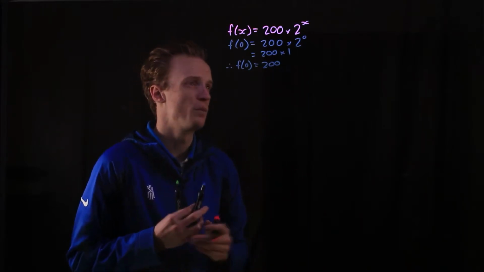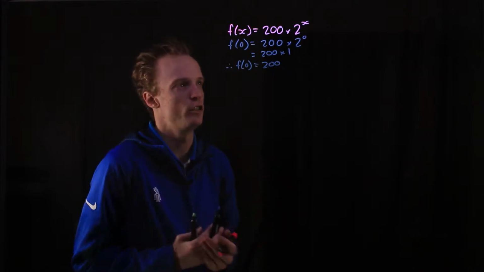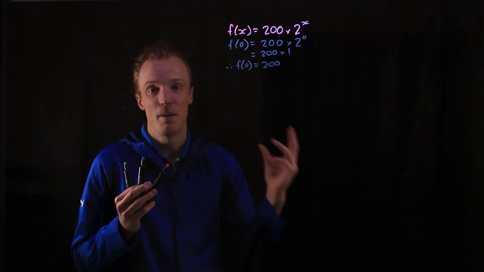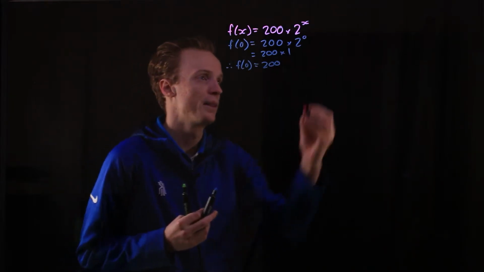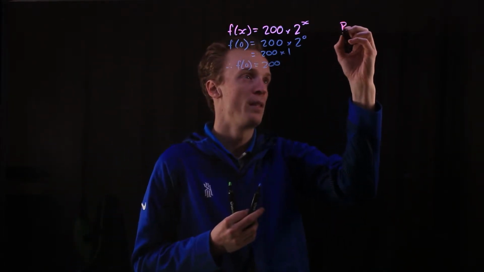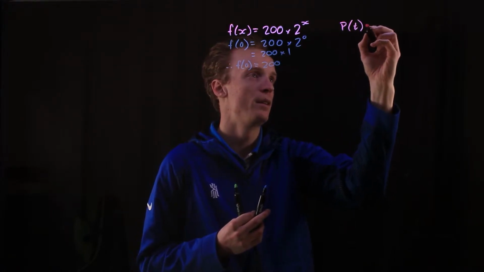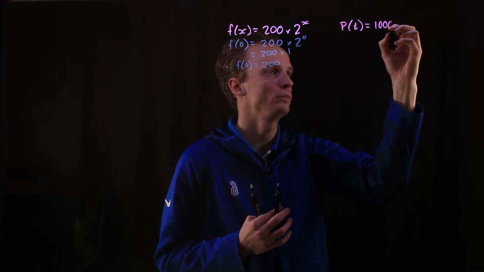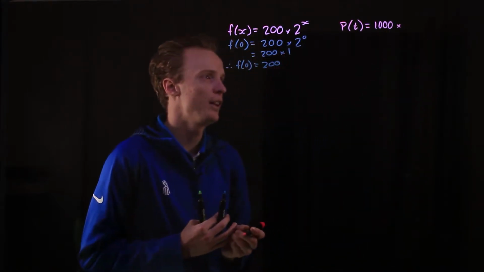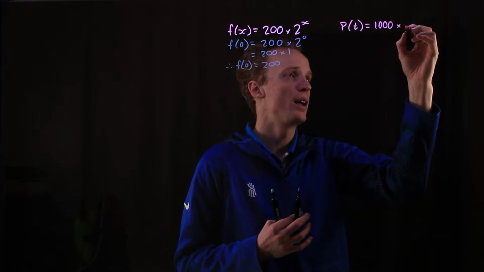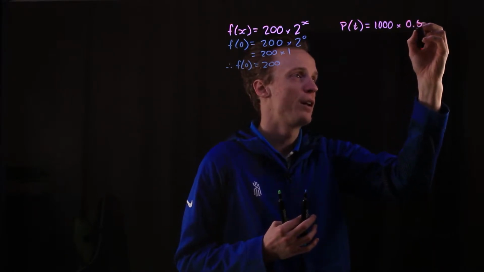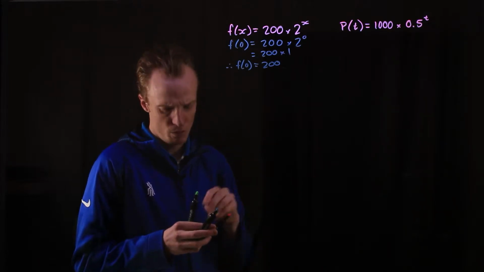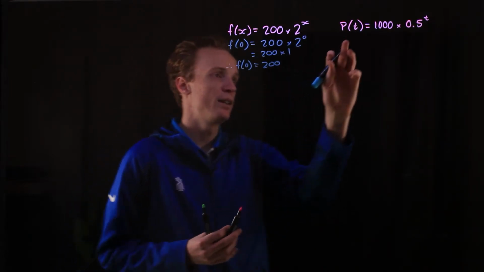Well, let's consider that when we're dealing with, say, populations. And I often consider, when we're looking at exponential functions, to remember it, I think about populations. Let's say we've got a population with respect to time that's equal to, say, 1,000, and our population here is going to be multiplied by 0.5 to the power of t. Well, let's input our time period of 0.